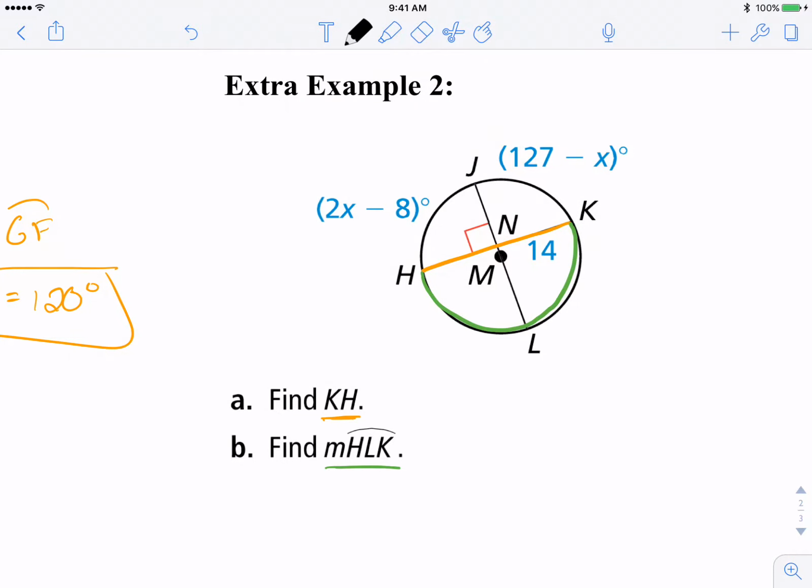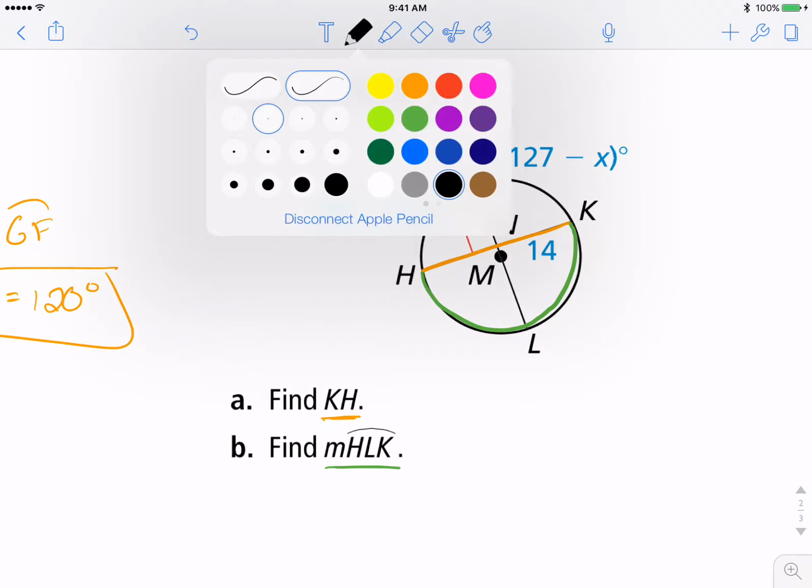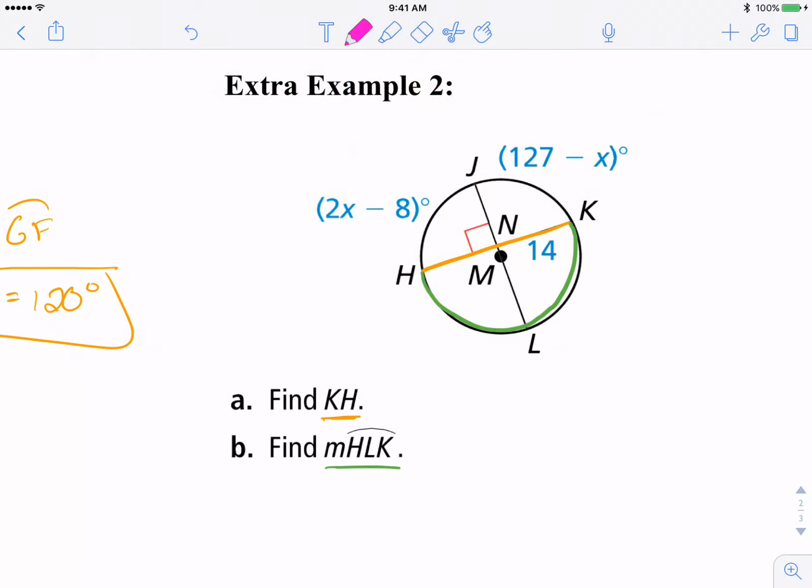First of all, I know that JL, J to L, this guy right here, yeah, we can switch colors, let's make him pink. J to L, this pink thing right here is a diameter, so I know JL is a diameter.